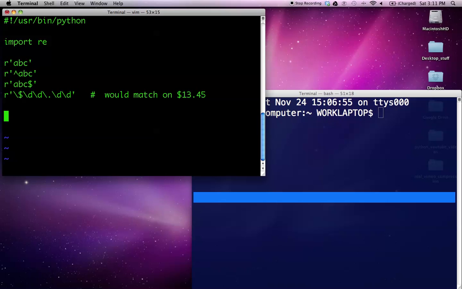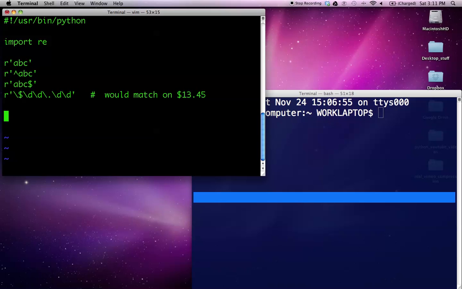Of course, if we were trying to match on something like a dollar amount, but we didn't know how big it was, it could be $1.45, it could be $13.45, it could be $130.45, or anything in between, then we'd want to use a quantifier to say something like one or more.